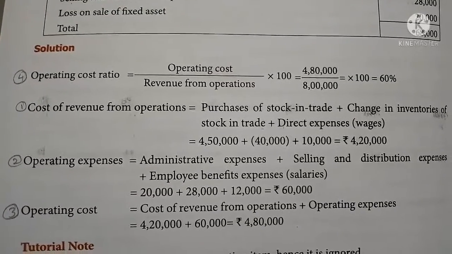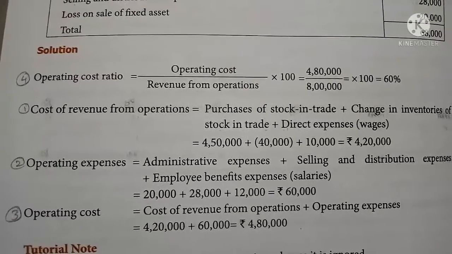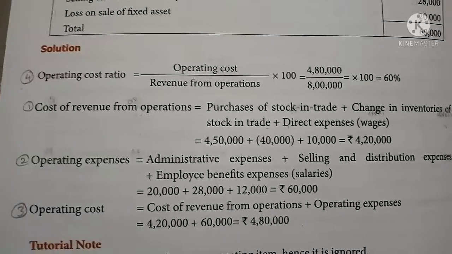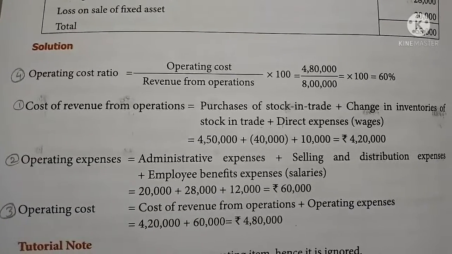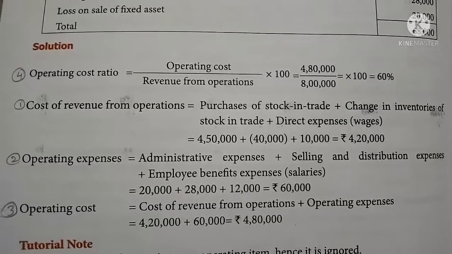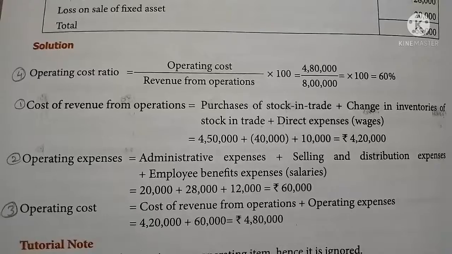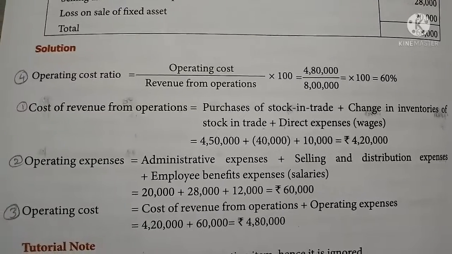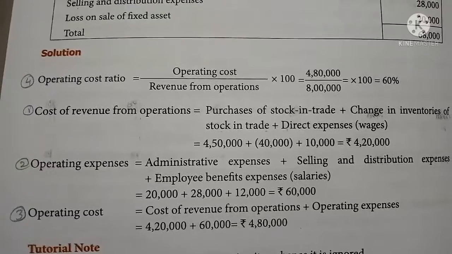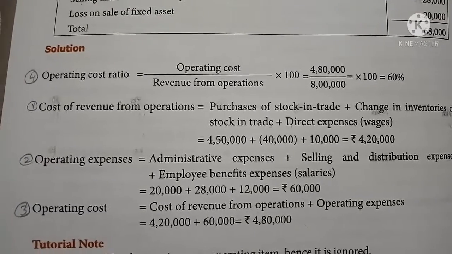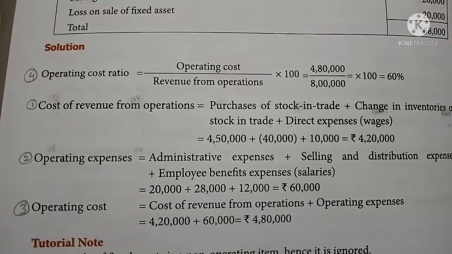Then you should find out the operating cost. The formula for finding the operating cost is cost of revenue from operation plus operating expenses. We already found cost of revenue from operation, that is 4,20,000, and operating expenses, that is 60,000. While adding these two values, the total value of operating cost is 4,80,000.